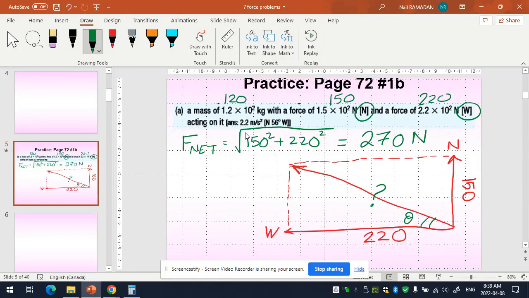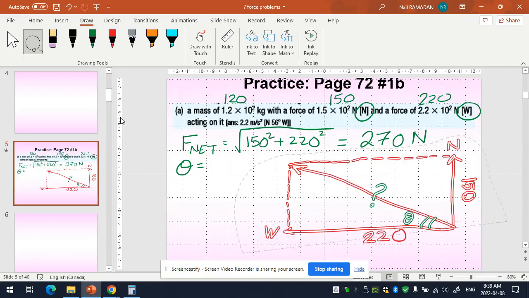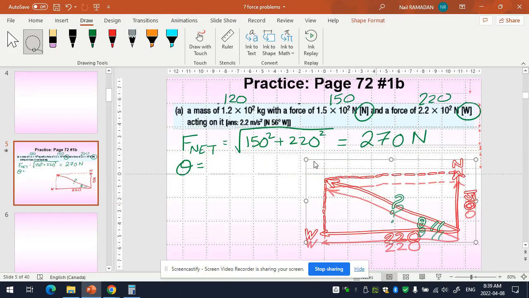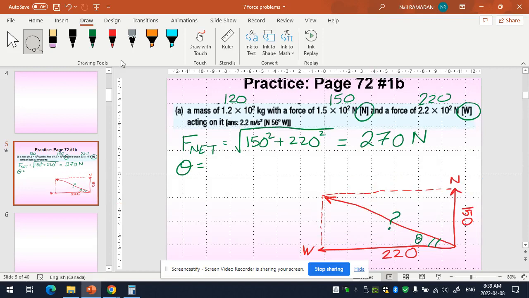Okay, now let's do the angle, theta. Theta equals tan inverse. You always divide what by what if you want the horizontal angle? Which component by which component? Y by x. Perfect. So you got to divide the 150 by the 220.